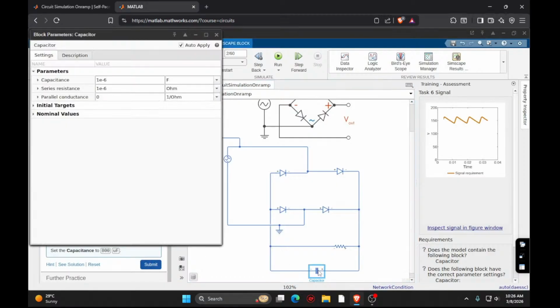Set the value of the capacitor to 800 microfarad. 800 microfarad.